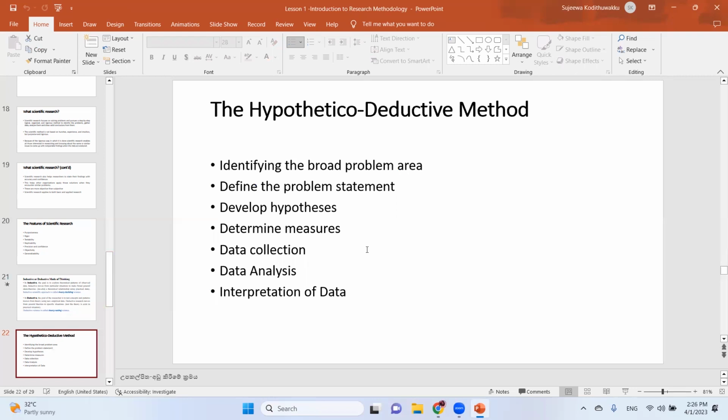So this is actually the summary of the process of the deductive method. Now you are going to test a theory. That's the idea of the deductive method.